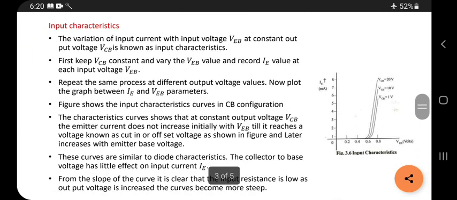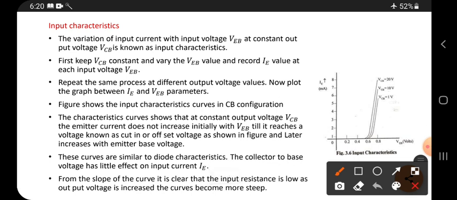Input characteristics. Our aim in this topic is to explain the input and output characteristics. The variation of input current with input voltage VEB at constant output voltage VCB is known as input characteristics.